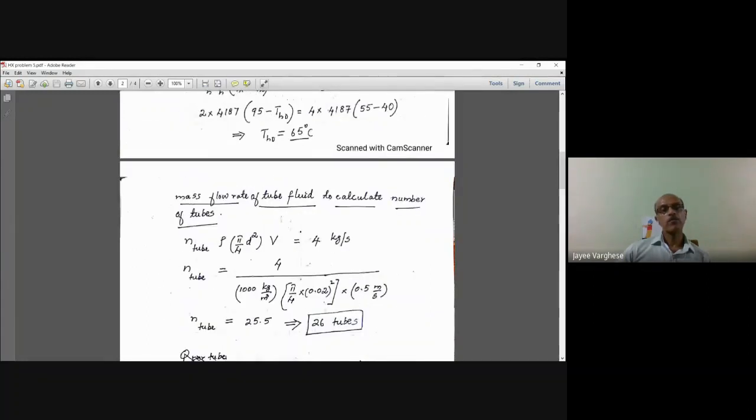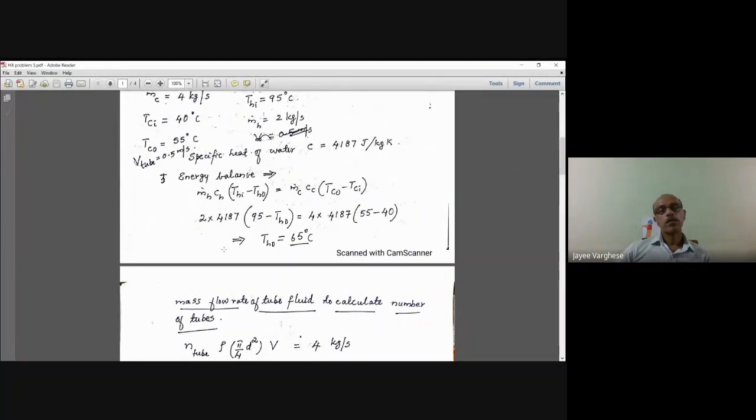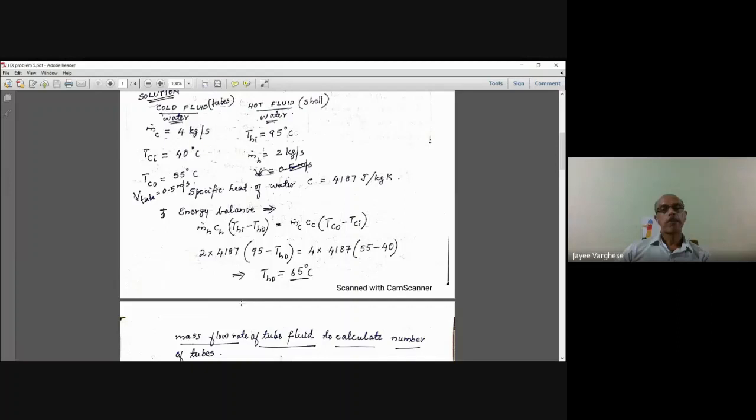Now, the heat transfer based on the heat balance of hot and cold fluids: mass flow rate into specific heat into temperature difference, Thi minus Tho, of the hot fluid equal to mass flow rate into specific heat into temperature difference of the cold fluid. Here, the only unknown is the hot fluid outlet temperature. All the other terms are known.